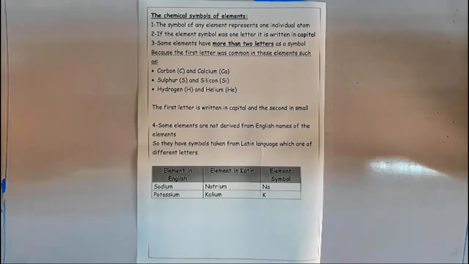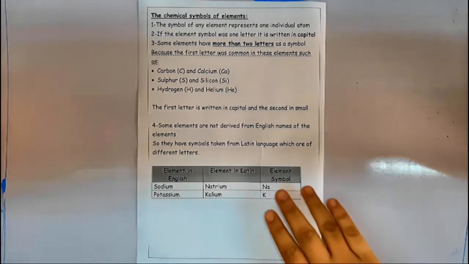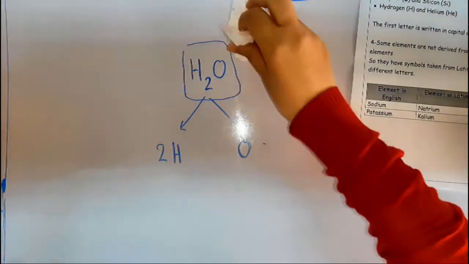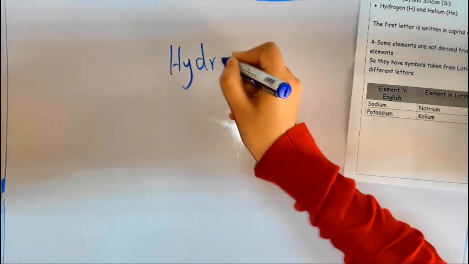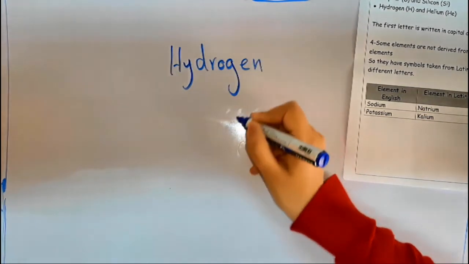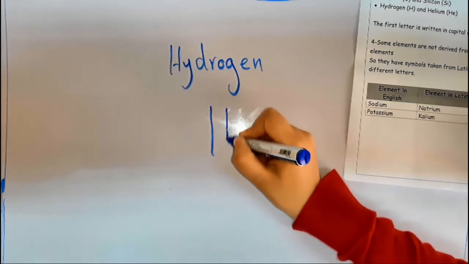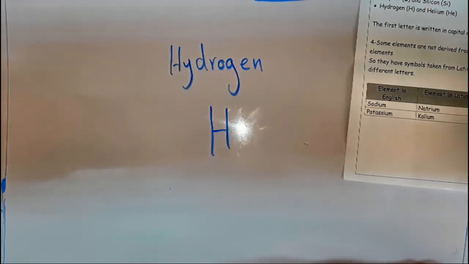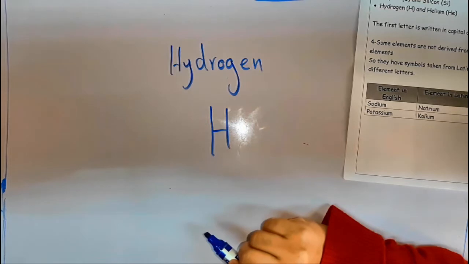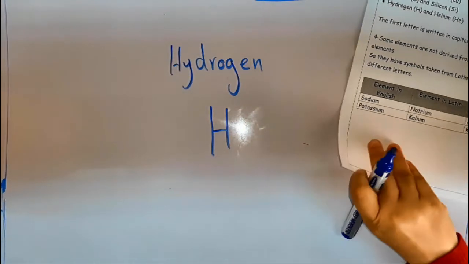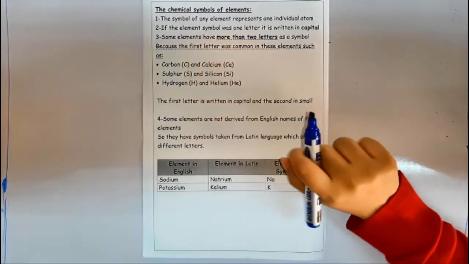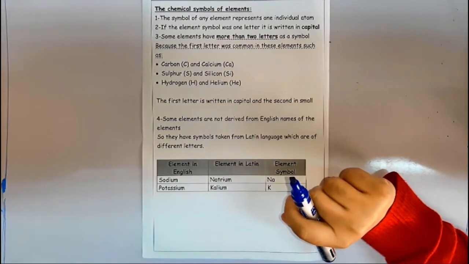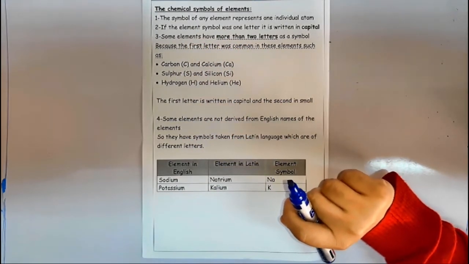Like here, when we talk about hydrogen, I will write H, but in a capital letter. We have to write it in capital. Okay? So if the element symbol is one letter, it is written in capital.